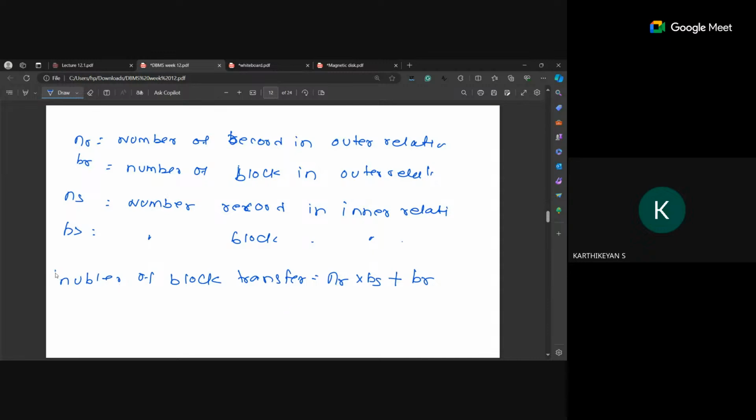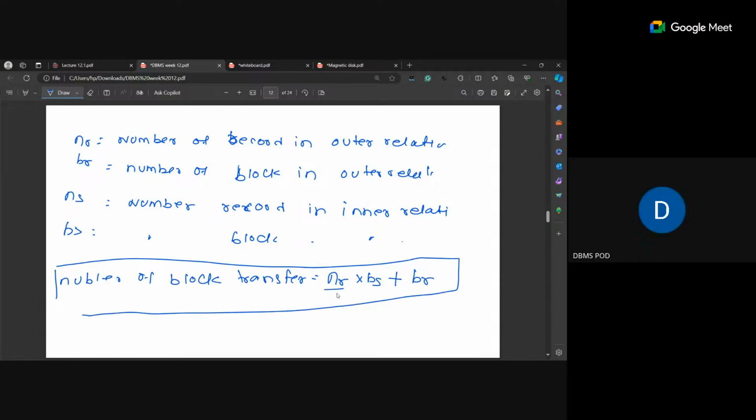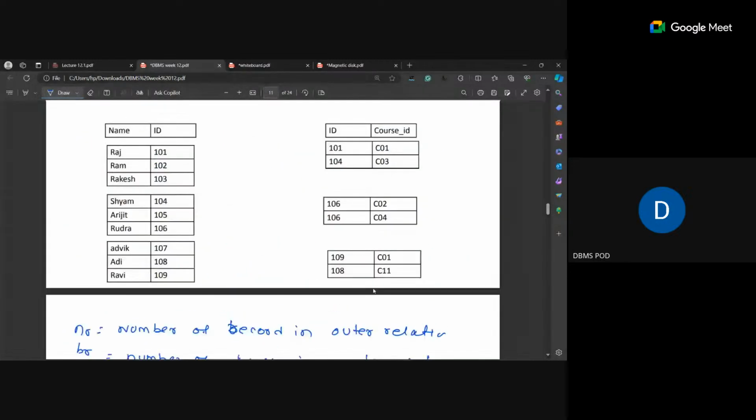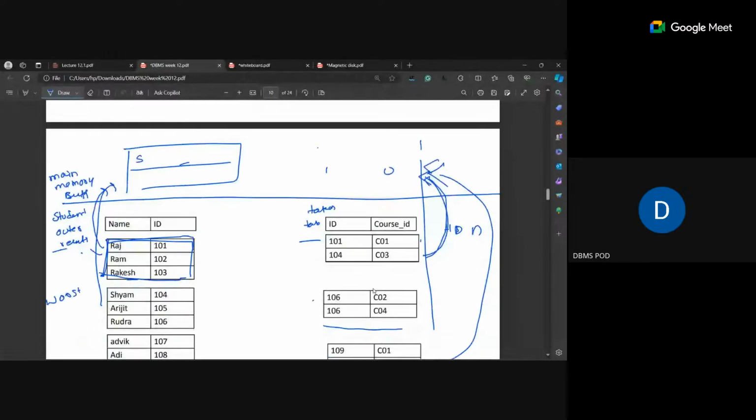Outer relation records into blocks. This is the number of tuples in the outer relation, and this is the number of blocks in the inner relation. For each tuple, it requires block transfers for the number of blocks in the inner relation.